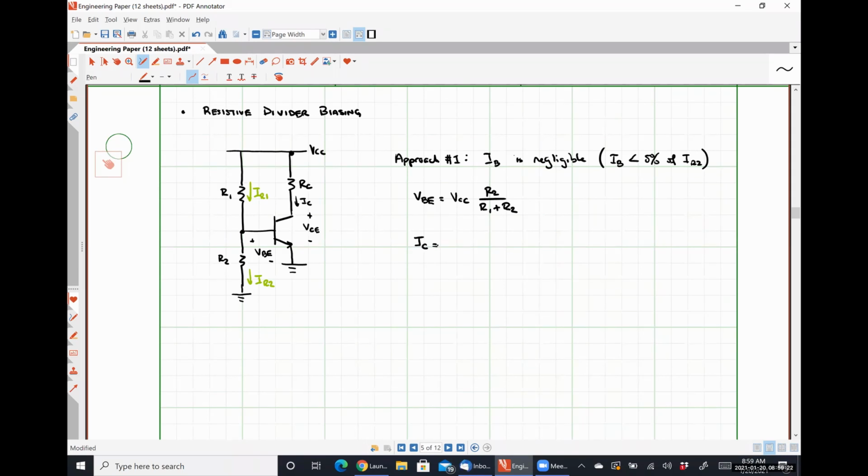Which means IC will be IS times the exponential of VBE over VT, which is the same as IS EXP of R2 over R1 plus R2 multiplied by VCC over VT.